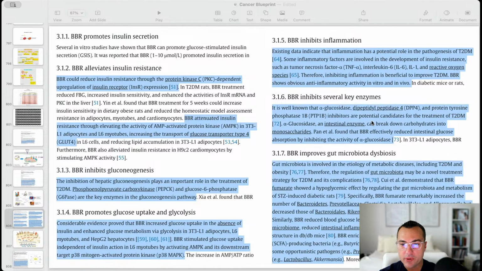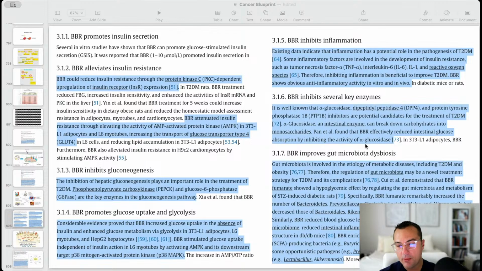Inhibitors of these are potential candidates for the treatment of type 2 diabetes mellitus. Alpha glucosidase is an intestinal enzyme that breaks down carbohydrates into monosaccharides. This particular group found that berberine effectively reduced intestinal glucose absorption by inhibiting the activity of alpha glucosidase.